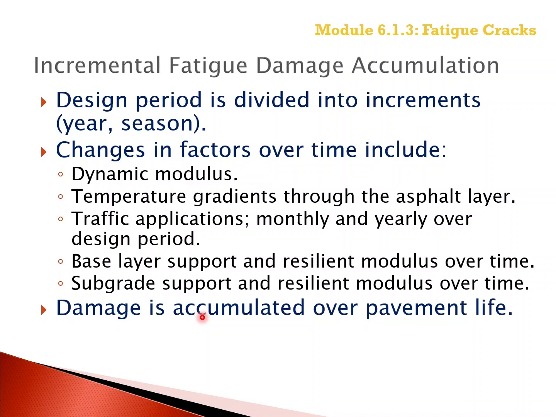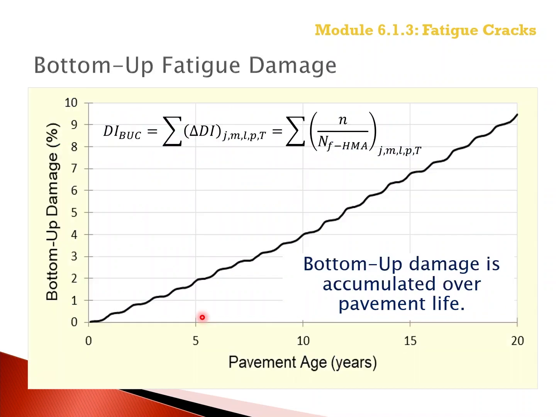The unbound aggregate base and subgrade elastic modulus values vary over time depending upon the degree of saturation of those unbound layers. As such, the pavement ME design software is an extensive bookkeeping process to calculate and accumulate the fatigue damage of the asphalt layer over time for designing flexible pavements.